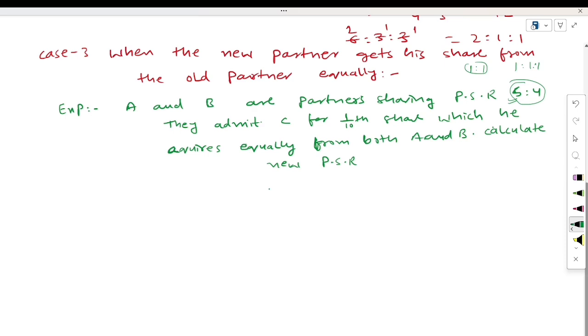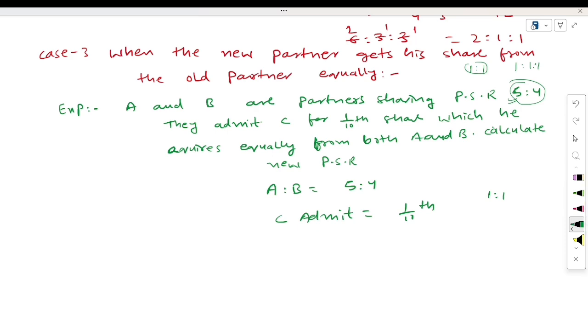See here, A and B's old share is 5 by 9 and 4 by 9. C is admitted for 1 by 10th share. C acquires equally from A and B. Equally in the sense 1 ratio 1, as there are two partners.